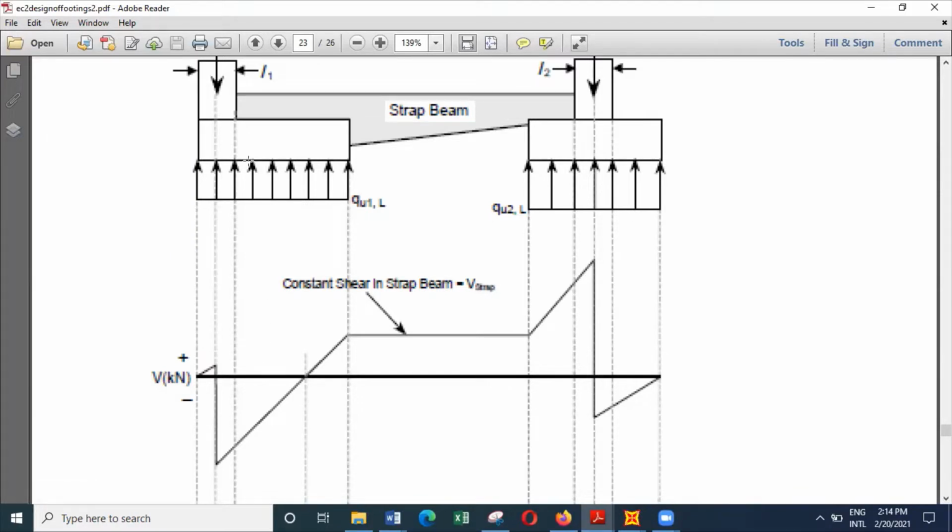And then you can see, due to the load system on the base, this shear force will again start increasing, and it will go to another positive value. And between these two, we consider that the column loads are significantly larger than the weight of the beam.